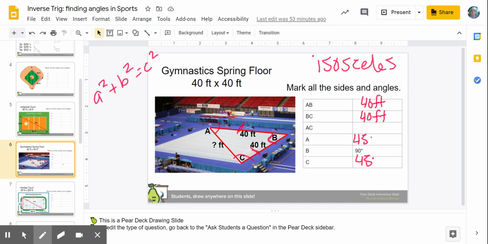What do I have to use in there? What am I finding? What am I using Pythagorean Theorem to find? The hypotenuse. So what do I have to substitute into that Pythagorean Theorem?